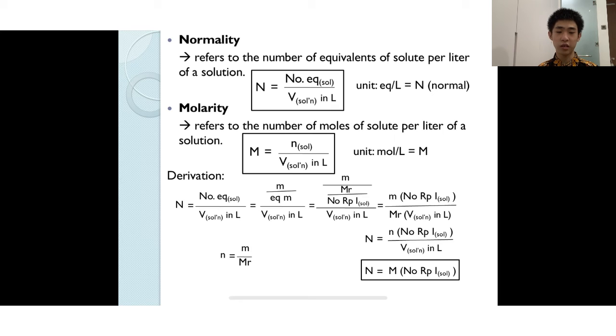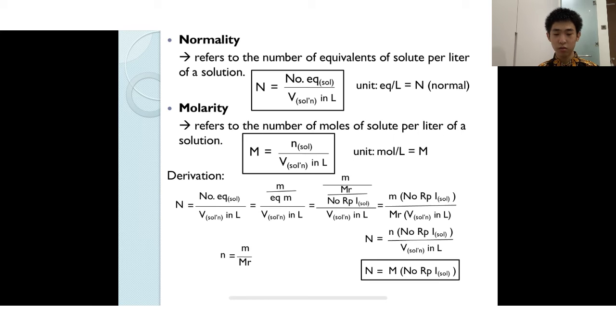The unit is equivalent per liter, which can be set as normal, while molarity refers to the number of moles of solute per liter of a solution. Molarity equals number of moles over volume of solution. The unit is moles per liter equals molar, or just M.